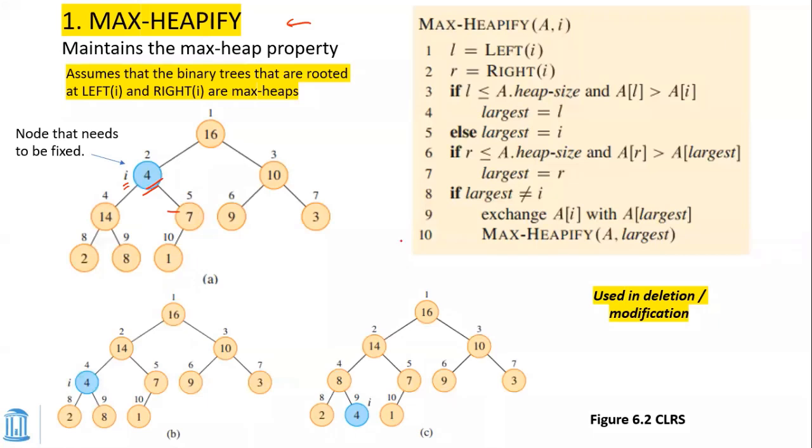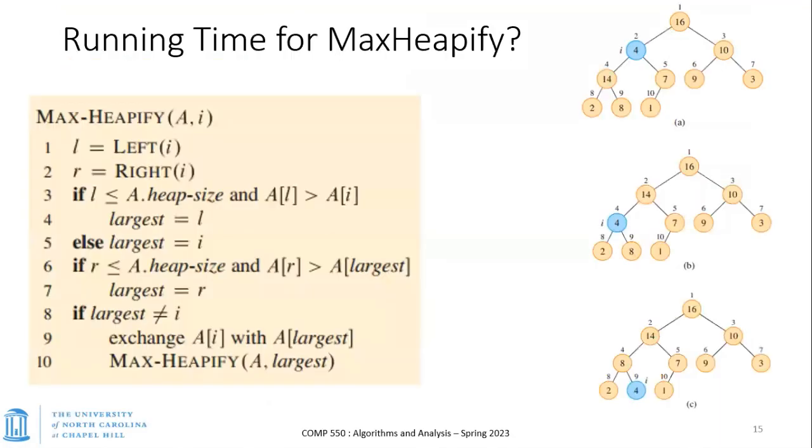And then I'm going to do a recursive call on the child that was just replaced. These diagrams are from figure 6.2, so you can refer to that and see how this worked out. So now, how would one do a more detailed analysis?